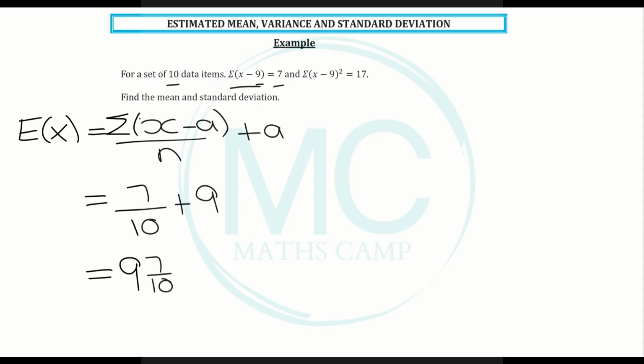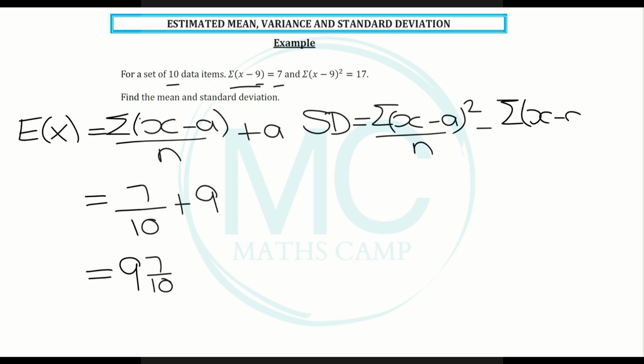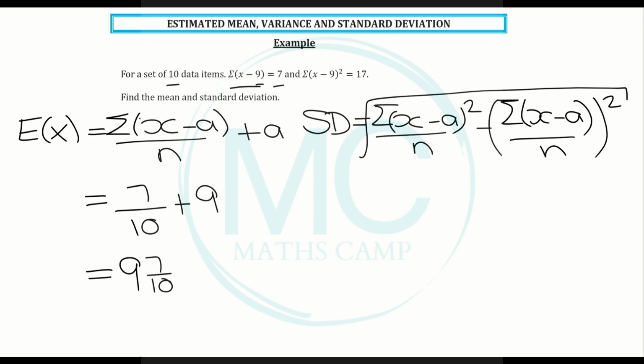Now I can find the standard deviation. So I can say the standard deviation is equal to sigma x minus a squared over n minus sigma x minus a over n, all squared, all under a square root. The question tells me that sigma x minus 9 squared is 17.